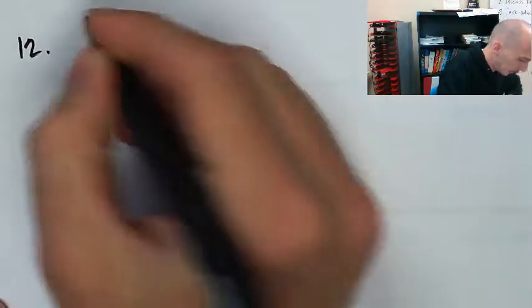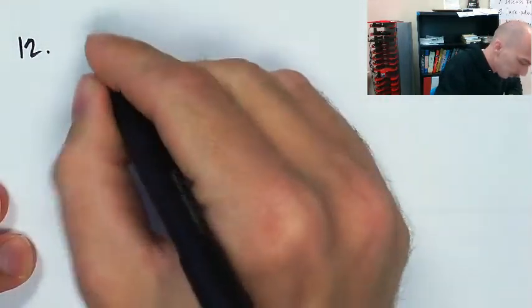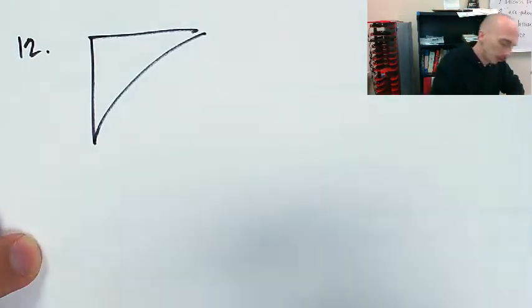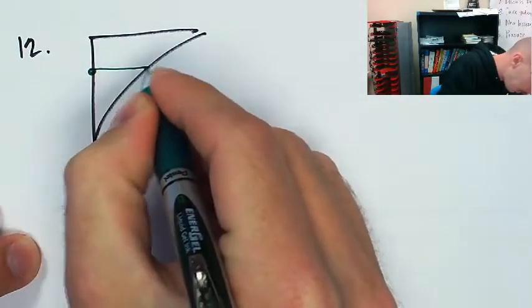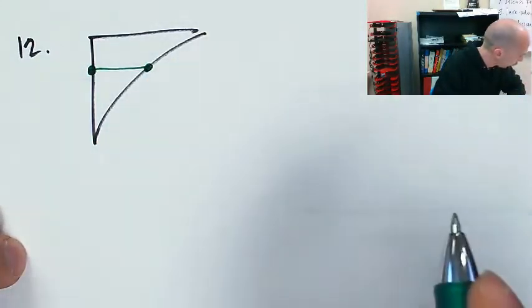Now let's do some that are cross-sections perpendicular to the y-axis. Okay, number 12 is base R1. So same region. Cross-sections perpendicular to the y-axis are isosceles right triangles.